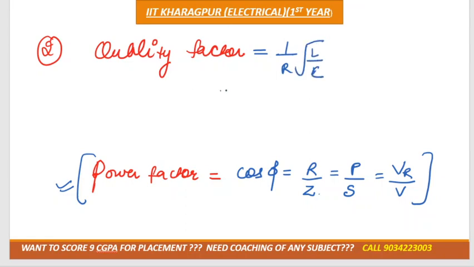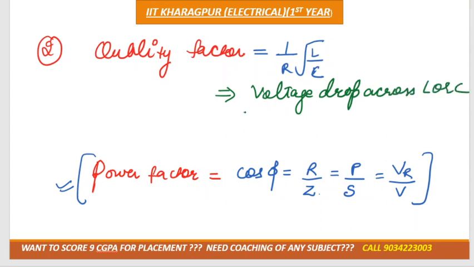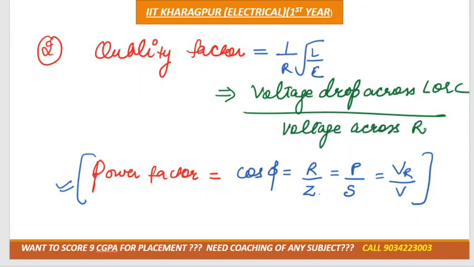Okay, or we'll have another formula: voltage drop across L or C divided by the voltage across the resistor.